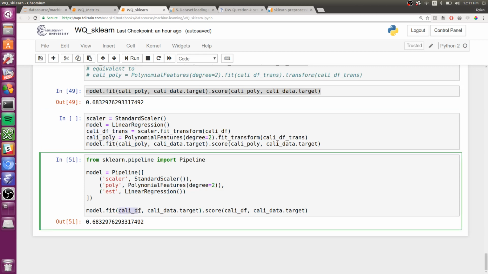We can pass in just the original feature matrix, the raw data, and it gets transformed on the way to the estimator. So these are really handy. They plug in very nicely to a lot of the other tools in scikit-learn that we'll be exploring in next week's lectures.